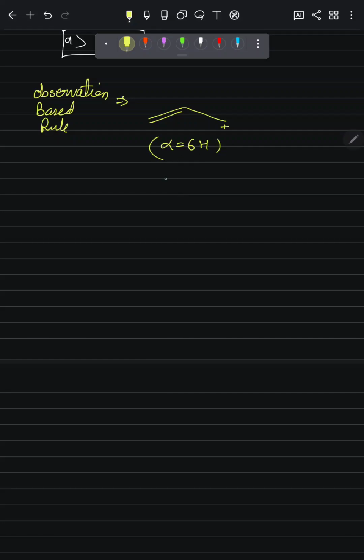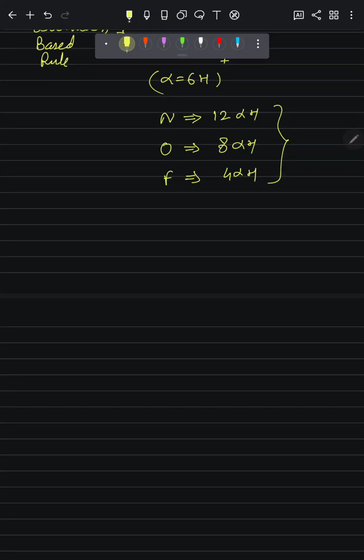If a nitrogen is attached in a ring or anything, then we count this as 12 alpha hydrogen, and if an oxygen is present, then we count it as 8 alpha hydrogen, and if fluorine is present, then we count this as 4 alpha hydrogens. So this is the alpha hydrogen count on the basis of this observation rule.